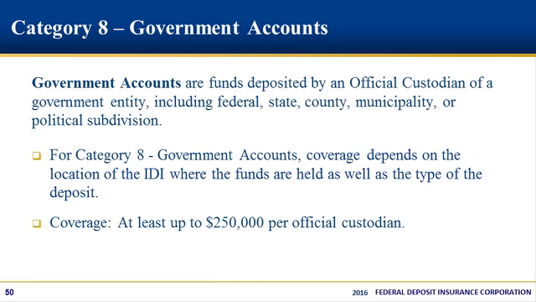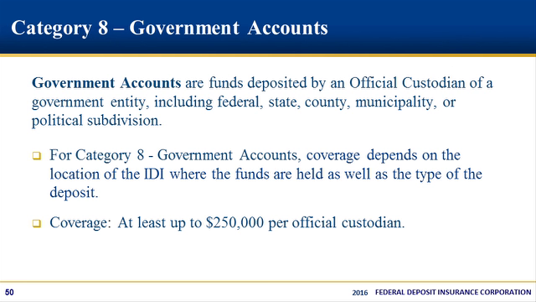Our 8th ownership category is titled Government Accounts, or sometimes they are referred to as public unit accounts. As with business entities, there is only one category that applies to government accounts. So, what is a government account?